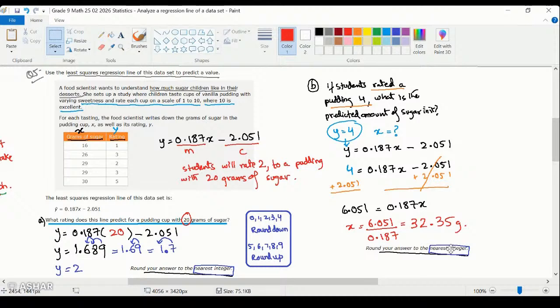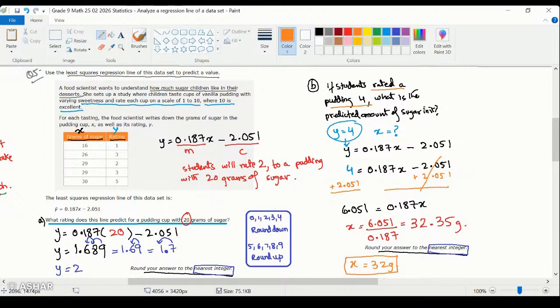Okay, let's round our answer to the nearest integer. That would mean x comes out to be 32 grams. Okay, so if 32 grams of sugar were added to a pudding, it's a prediction that the students would rate it 4, right? Just a prediction.